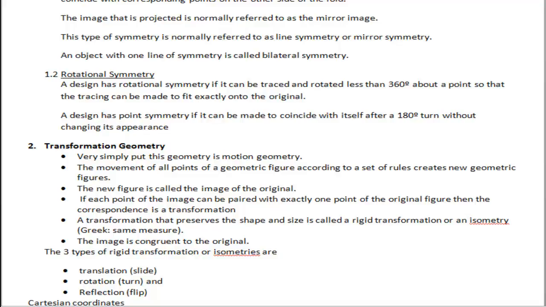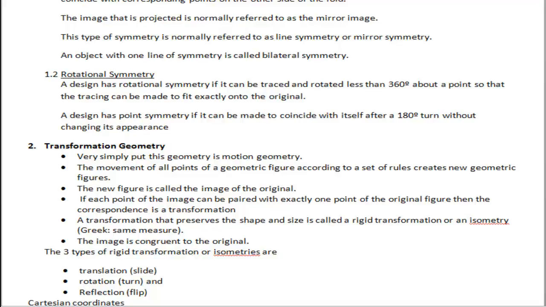If each point of the image can be paired exactly with one point of the original figure, then the correspondence is a transformation. A transformation that preserves the shape and size as well is called a rigid transformation or isometry. The Greek meaning is same measure. The image is congruent to the original.